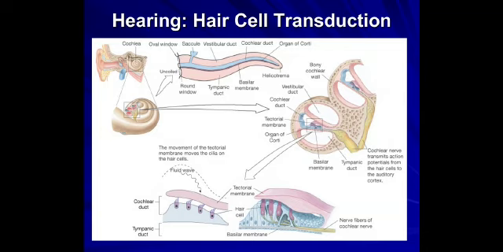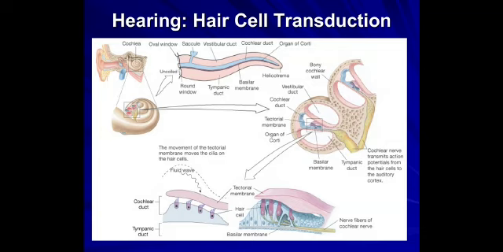Thereby the receptor potential is generated in the hair cells, releasing a neurotransmitter such as glutamate to stimulate the cochlear nerve. The viscous but elastic tectorial membrane lies over the stereocilia. The resting membrane potential of the hair cells is around -60.